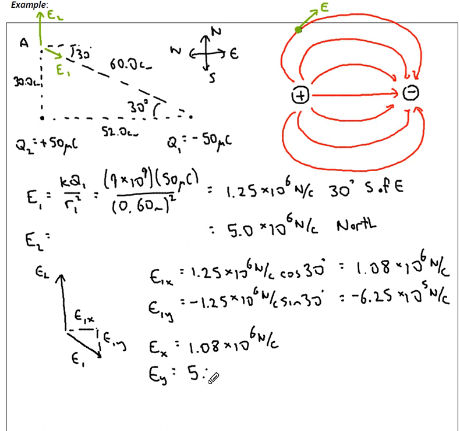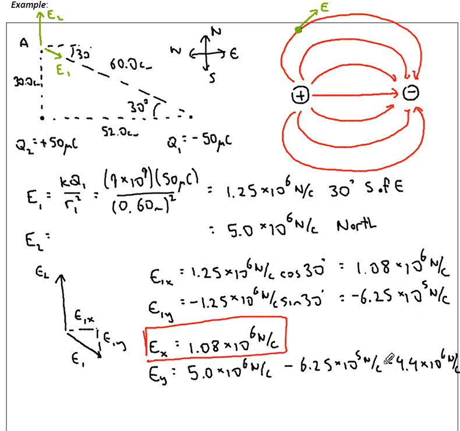So E2 is 5.0 times 10 to the 6 newtons per coulomb, but that E1y is trying to pull it back down, so it's minus 6.25 times 10 to the 5 newtons per coulomb. We end up with 4.4 times 10 to the 6 newtons per coulomb. So those are our two values for our resultant vector. Now we just vectorially combine them together.